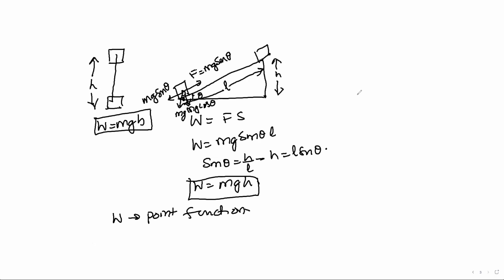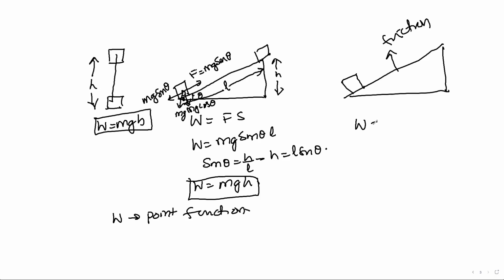Suppose in the same problem, this surface is not smooth. It is having some friction. In this case, what is the work done? Work done equals F. What is the frictional force? mg sin theta is the sliding force, and then there is the frictional force. Suppose I am applying the same force mg sin theta along this direction.